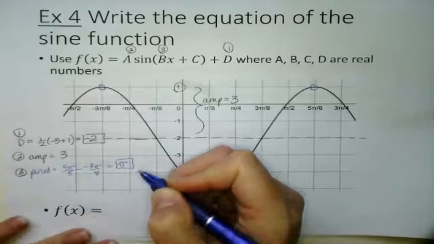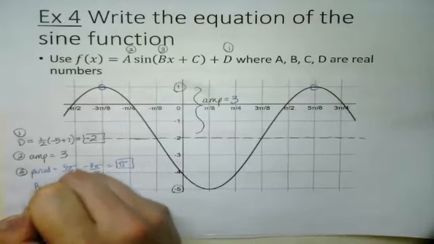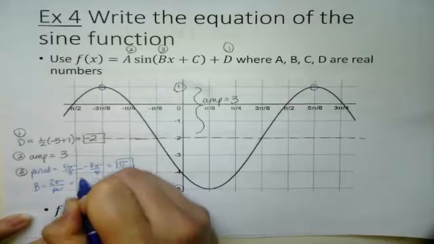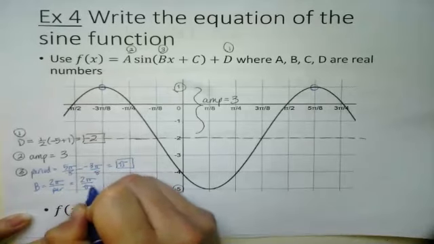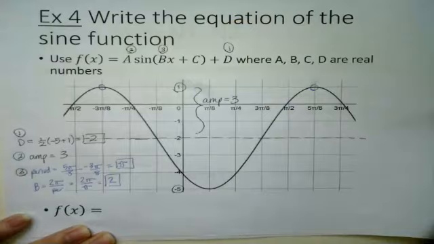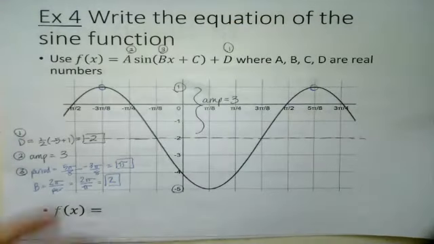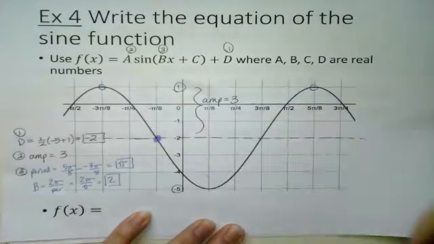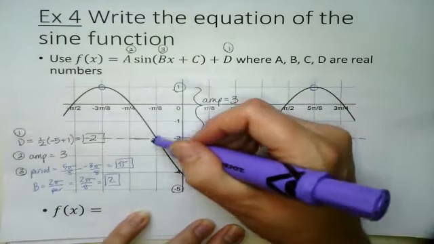So that's the period. If we want B, it's 2 pi over the period. So this would be 2 pi over pi, which reduces to 2. So there's our B value. Now, I need to look at a sine curve. And really the only one I sort of see starting on the midline starts here.